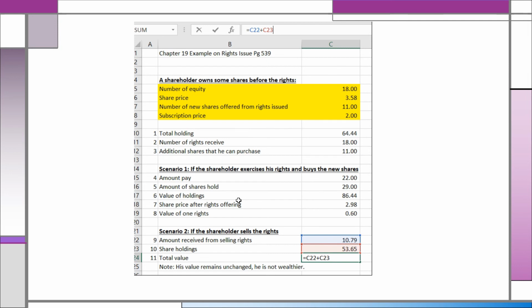The total value is 10.79 pound plus 53.65 pound. The total value is 64.44. As you can notice, the value of the holdings is the same as before the rights issue. His value remains unchanged. He is neither wealthier or poorer.